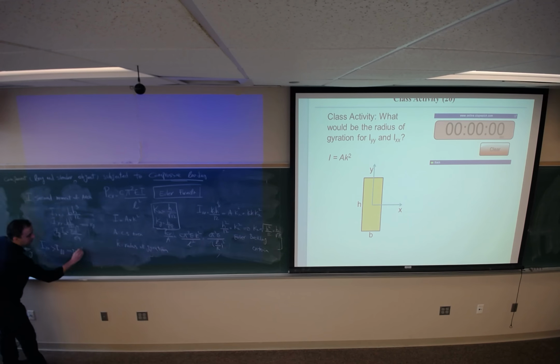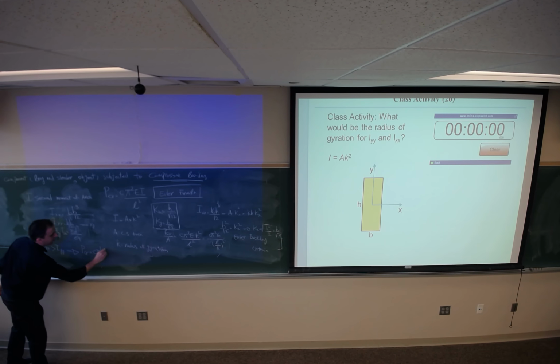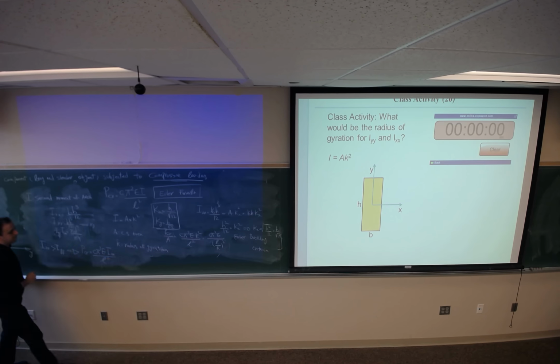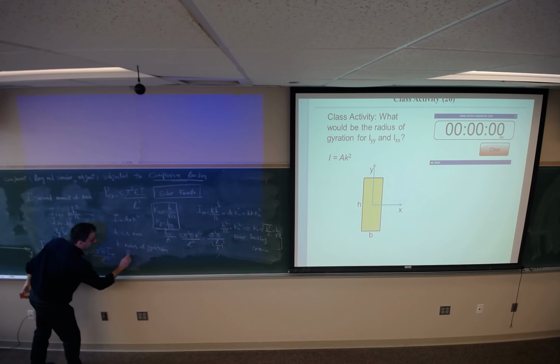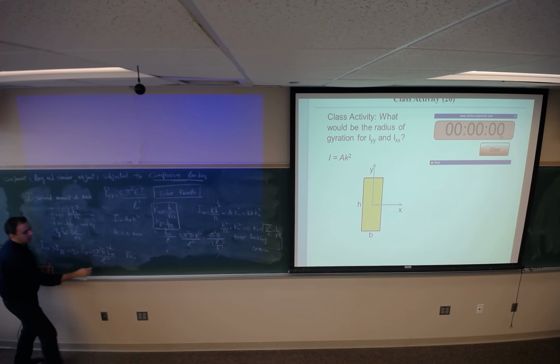P critical equals C pi squared E IXX divided by L squared, and we find another P critical by plugging in IYY.